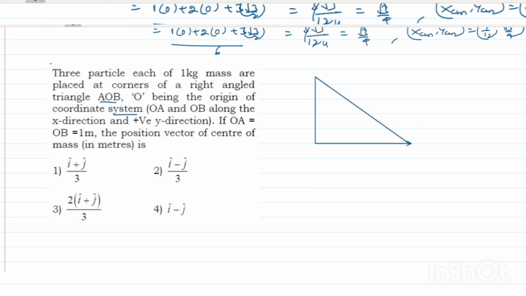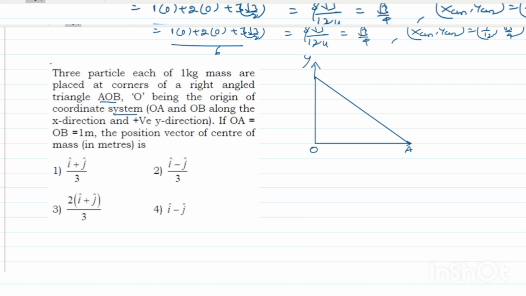Here 3 particles will be located and here O is the origin. OA will be along the positive x-axis and OB is given as along the positive y direction.